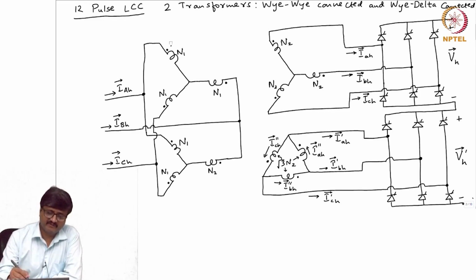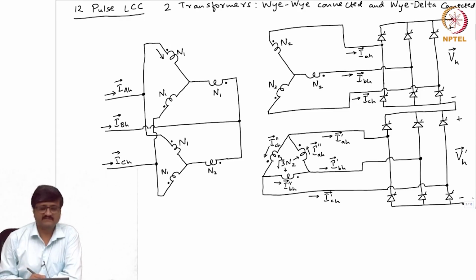I am talking about the current here. IAH into N2 by N1, say it is in terms of this current IAH.